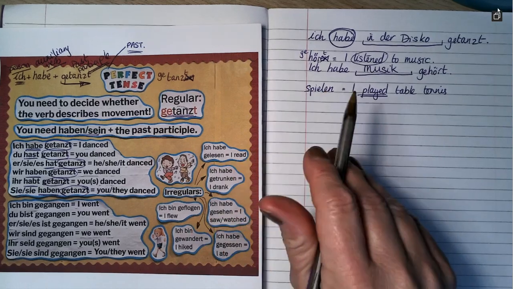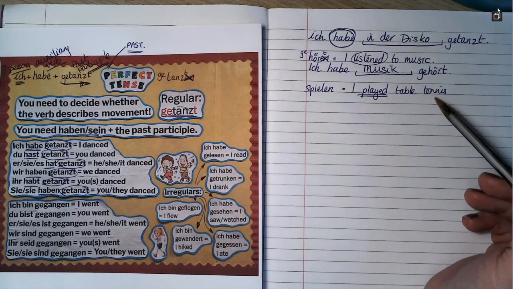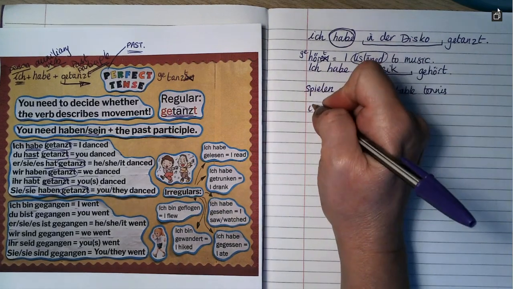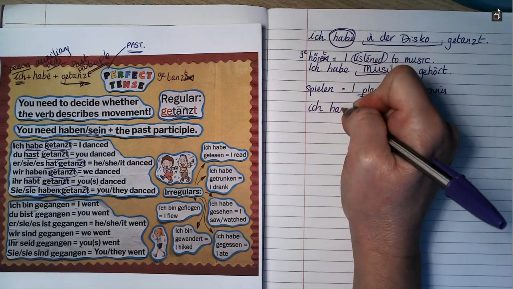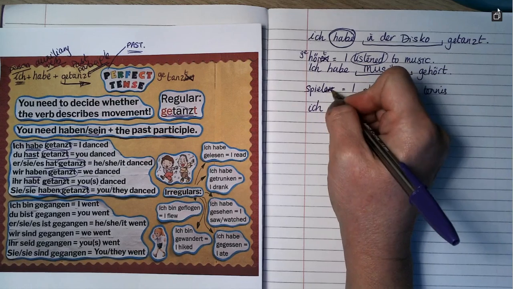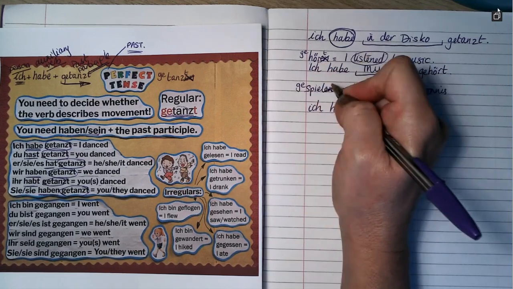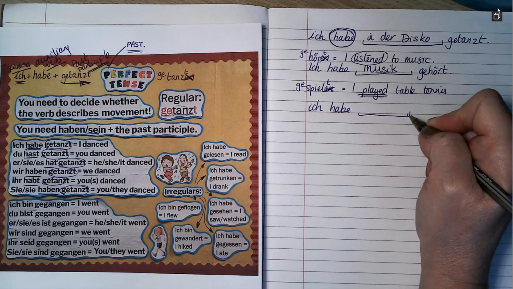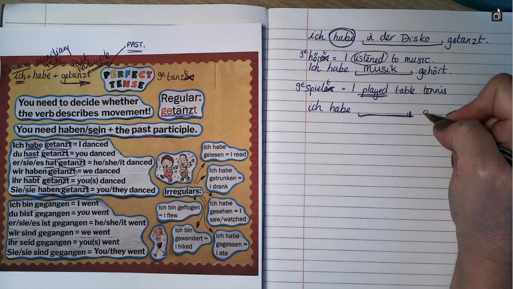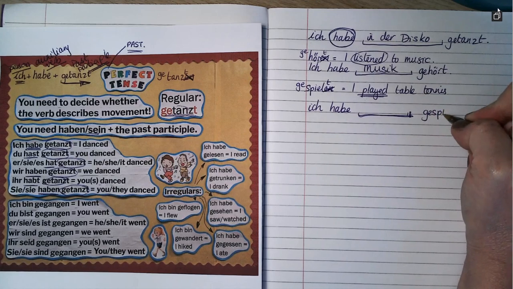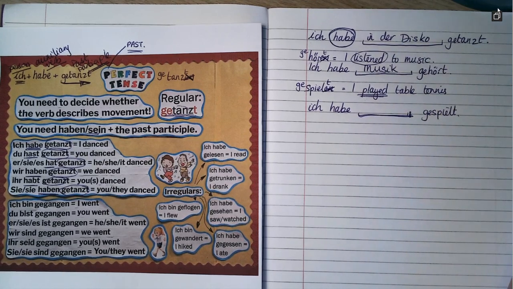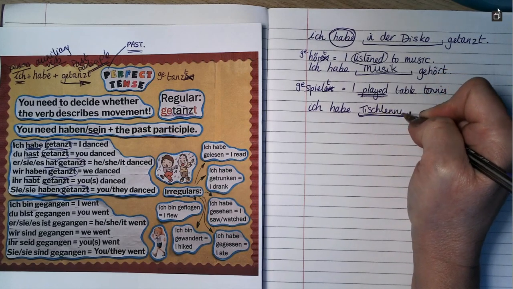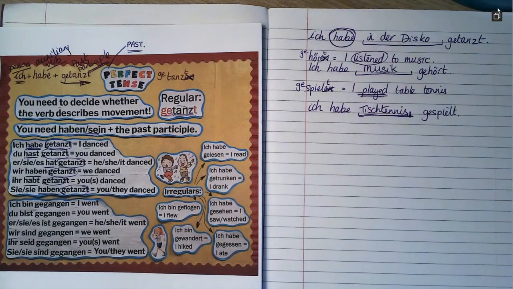Don't get me wrong, run, jump whilst you're playing table tennis, that would describe motion, but the actual verb play does not. So, ich habe, and we said it was regular, so take off that en, ge on the front, t on the back. Your information goes there, which means we want the word gespielt at the end. And then the thing that we played, which is Tischtennis, goes there.